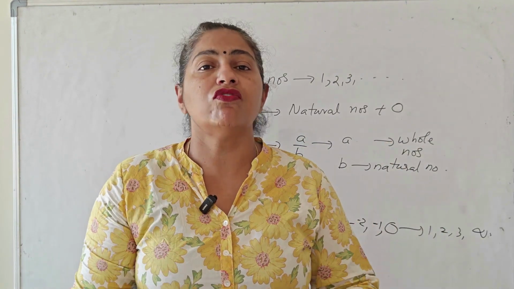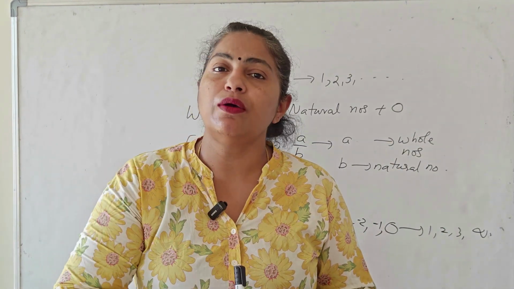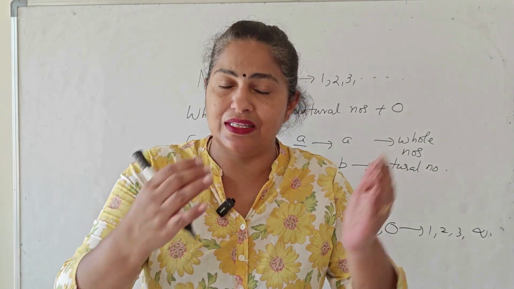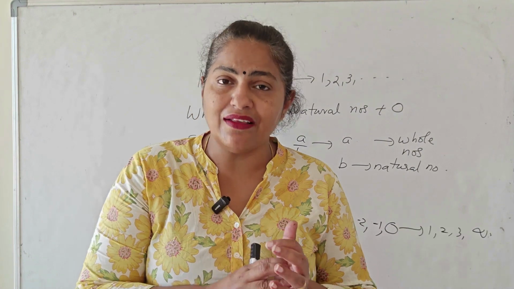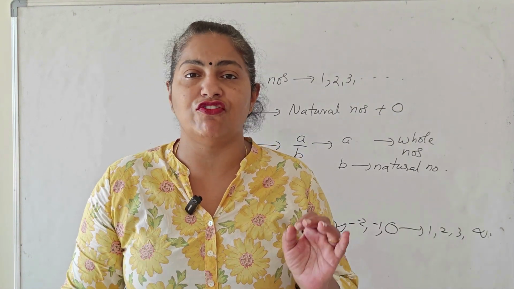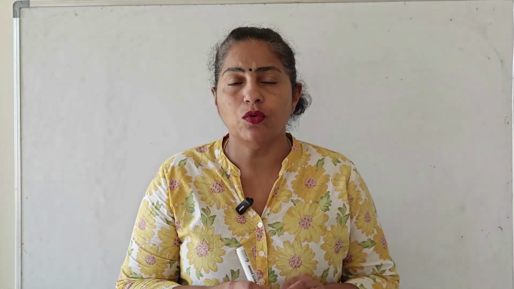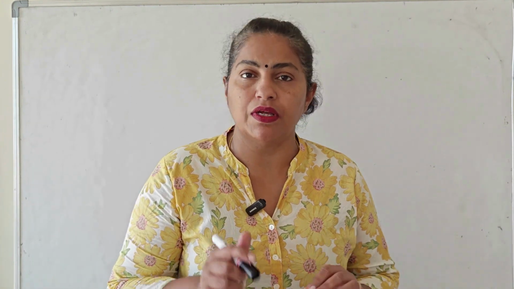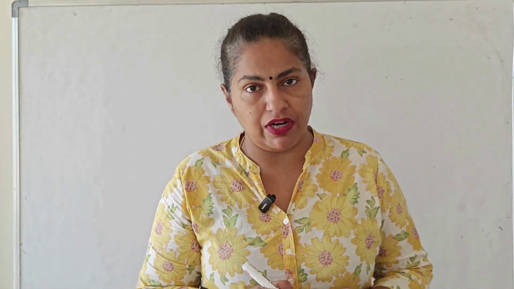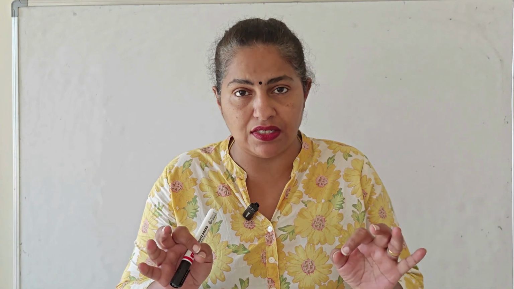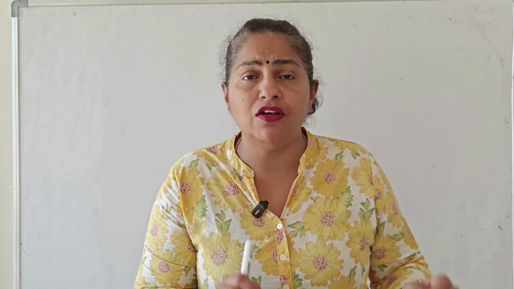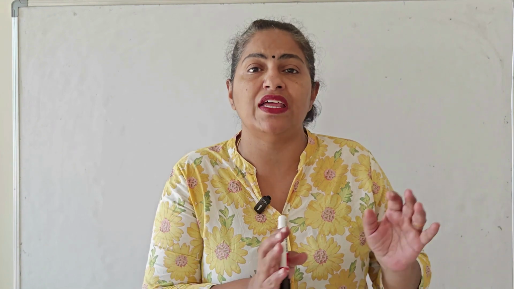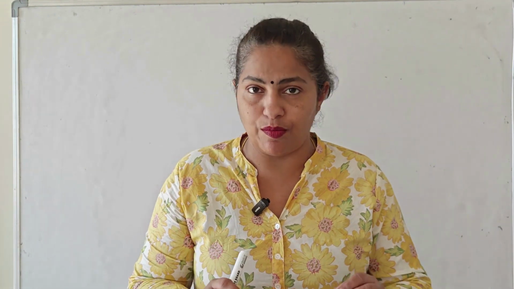So now, because we have learned about integers, automatically the next step in the number system is rational numbers. So let us see what exactly the definition of rational numbers is. What is a rational number? The basic definition of a rational number is something that you have to understand very clearly, because conceptual understanding of any theorem or any new definition is very important.